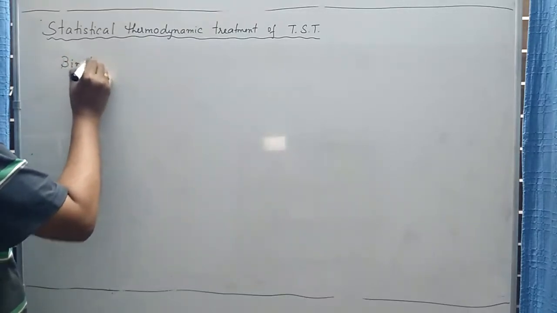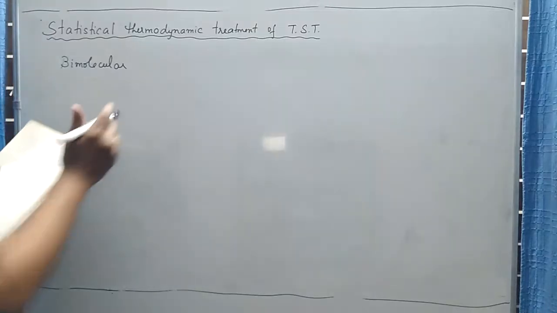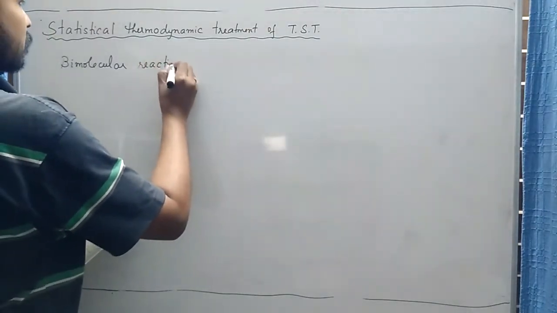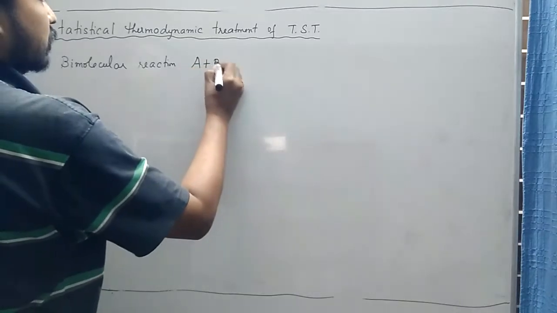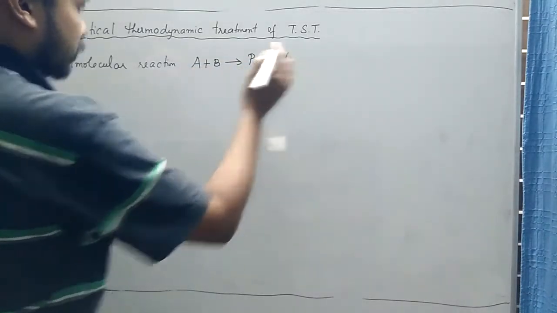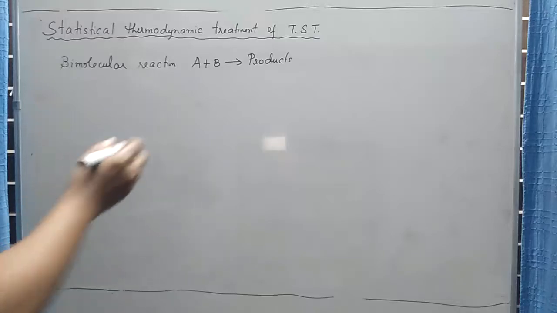Let us consider a bimolecular reaction, A plus B giving products. According to transition state theory, how can we write this reaction?